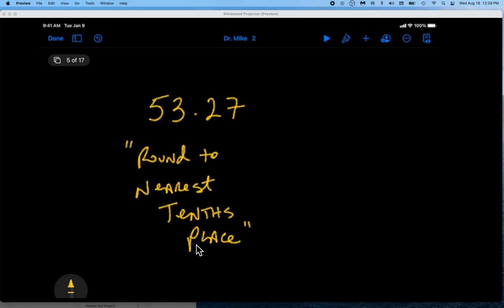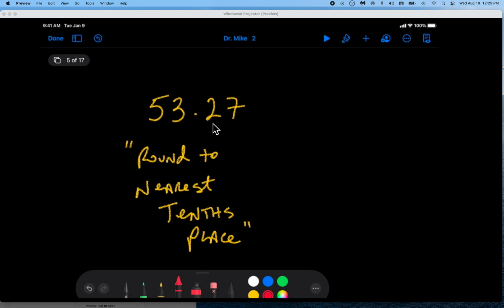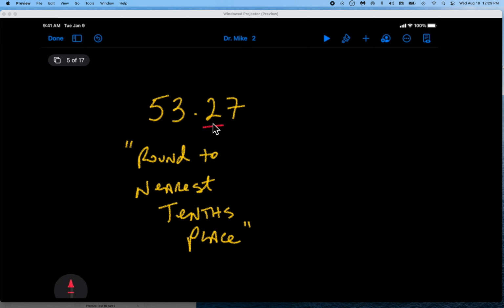They want it to the nearest tenths place. You go to the tenths place right here. You go to the number next to it and you ask yourself, is it equal to 5 or greater? If it is, you raise this number. So this becomes 53.3.